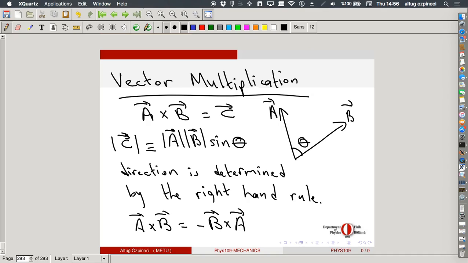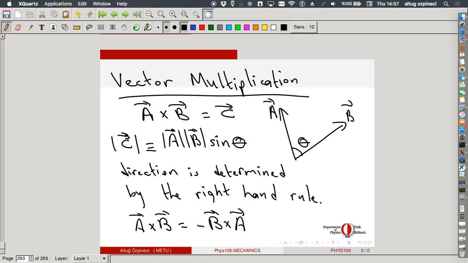Vector A, vector B. What is the direction of A cross B? This is A, this is B. A cross B. Up or down? Right-hand rule, just imagine you are rotating the A vector towards the B vector.